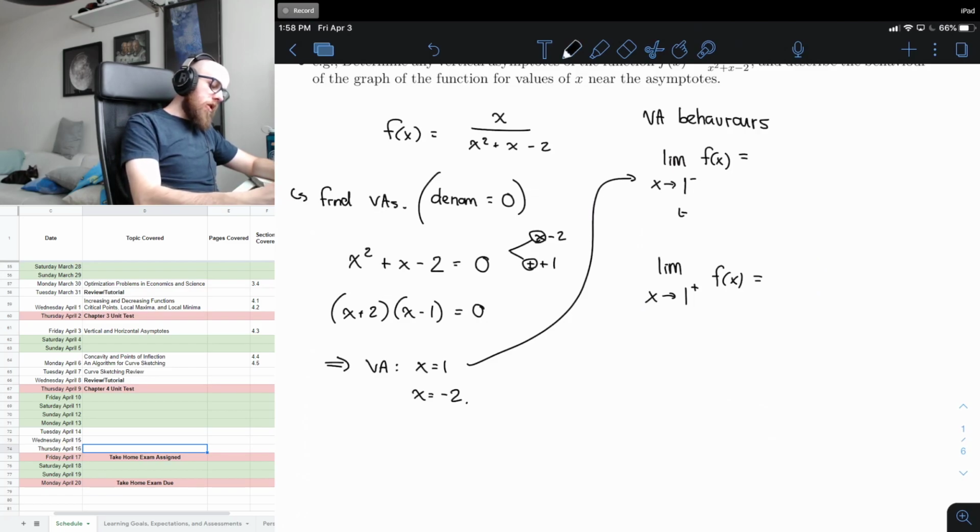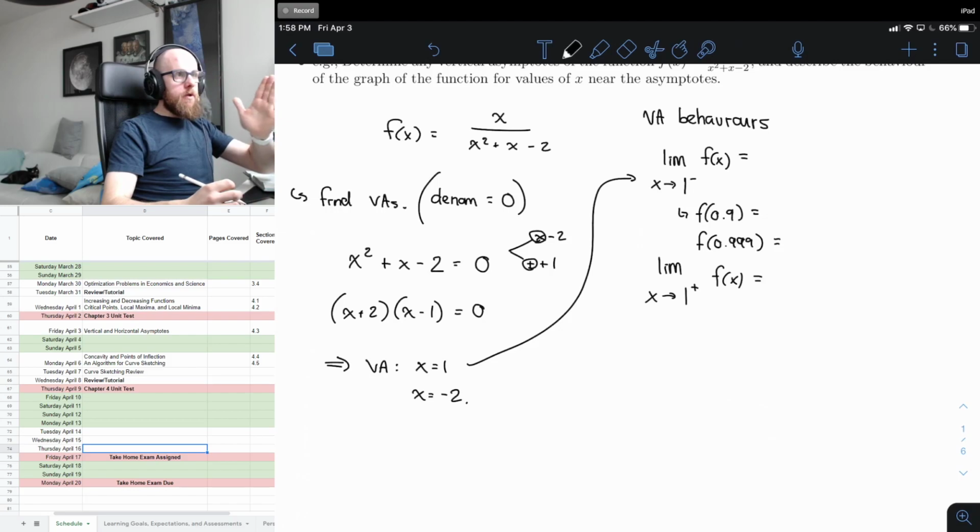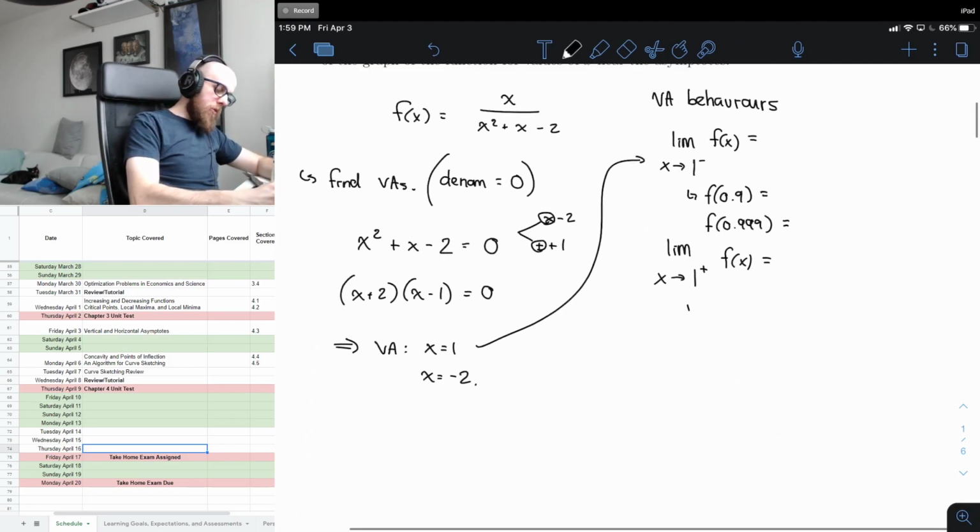This is probably the way that you would have done it in advanced functions. You could evaluate my function at 0.9, and then maybe evaluate my function at 0.999. So you're getting progressively closer to 1, but the values are still smaller than 1. Similarly, we could evaluate the other limit by taking test points. We start at 1.1, and then we get closer, 1.001.